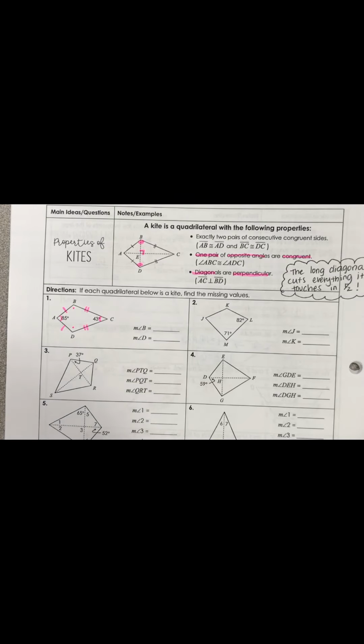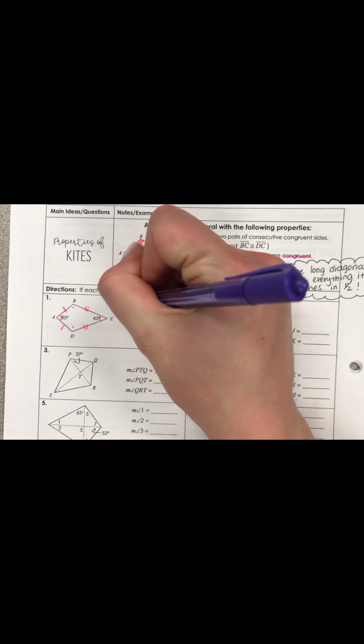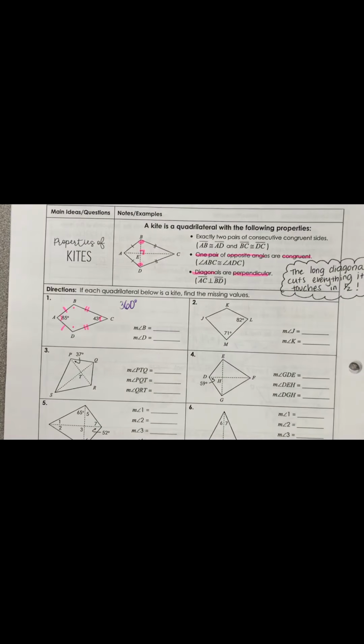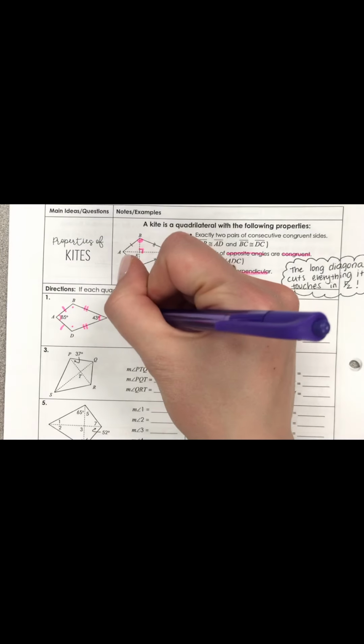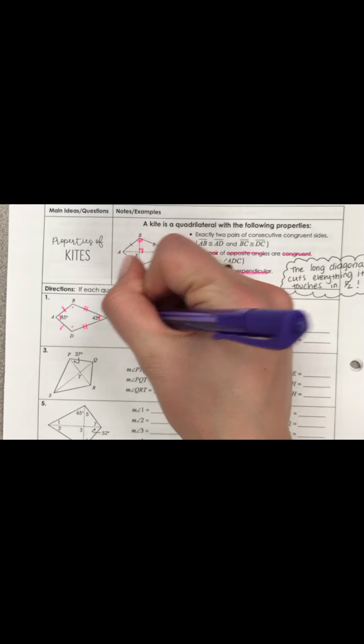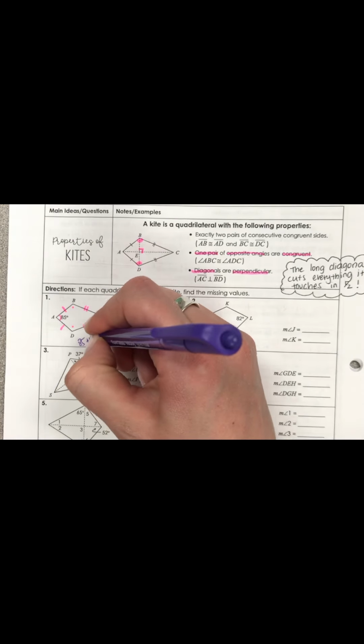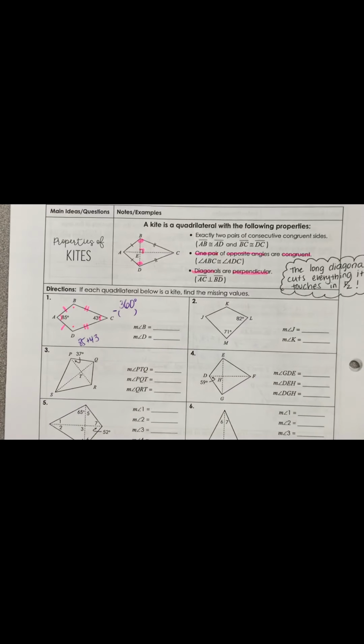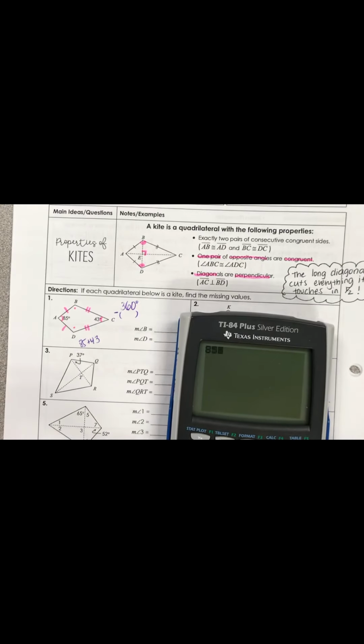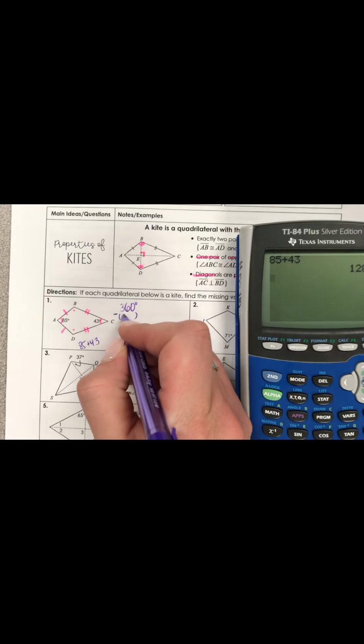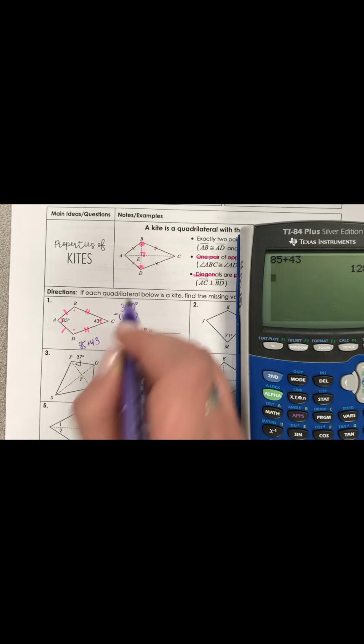It's a quadrilateral, and quadrilaterals are supposed to add up to 360 degrees. So let's take away the sum of the angles I have so far. Let's take away 85 and 43. Now 85 plus 43 is 128. So I'll do 360 minus 128.